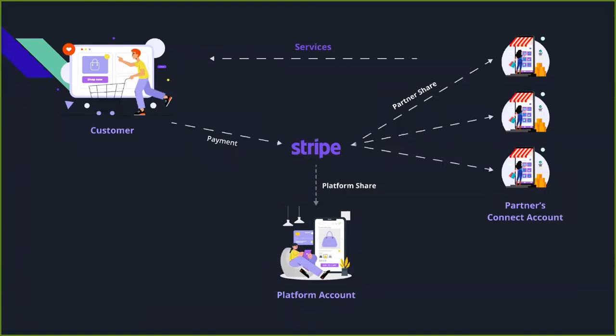On the left side you can see the customer. The customer is accessing the services of the seller, meaning the customer wants to buy a product. Suppose a product of 1,000 rupees is purchased by the customer, then he pays that 1,000 rupees to the seller's connected account.